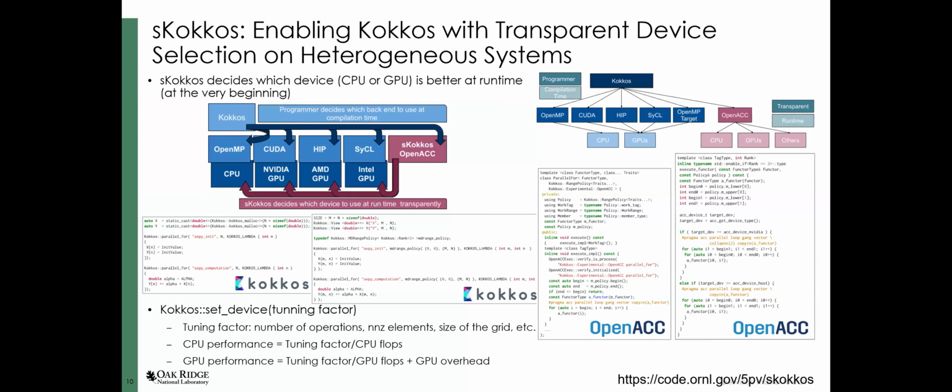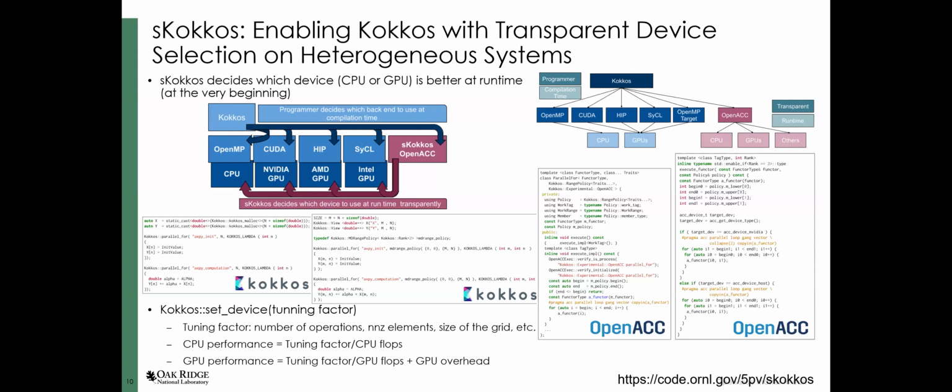Not only that, right? As I showed you in the previous slide, we can have OpenACC up and running on CPUs and GPUs, but we can go even further. We can compile the same OpenACC code, or in this case, the same Kokkos code, for two devices. So we can have the same Kokkos code up and running on CPU and GPU at the same time.